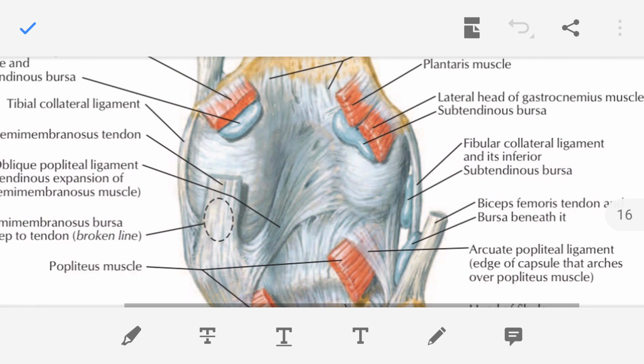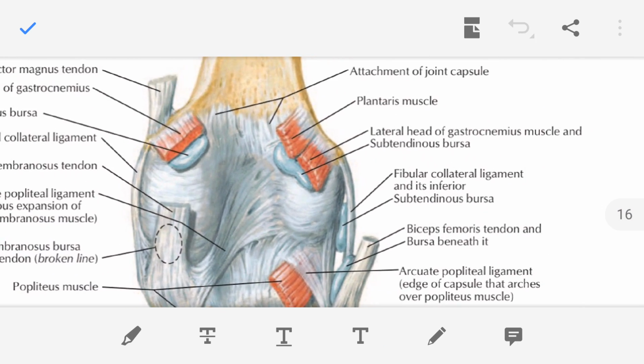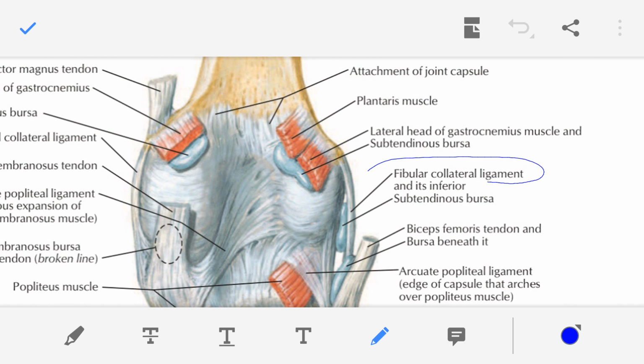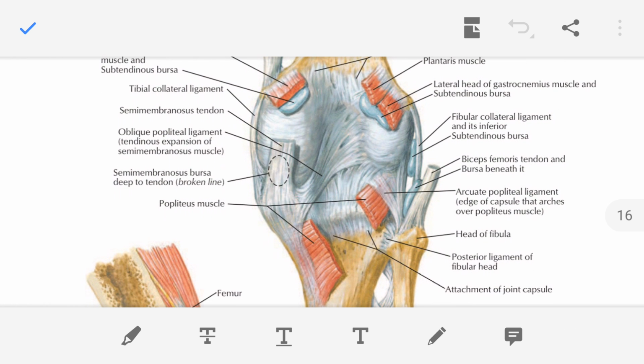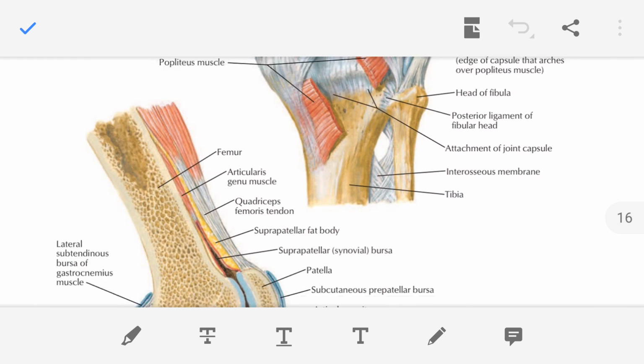And here, let's say the name of this ligament is the fibular collateral ligament. As you can see in the knee joint, lateral to the fibula, this ligament is present. That's why this ligament is known as the fibular collateral ligament. So there are various kinds of ligaments around the synovial joint, and they have different names.